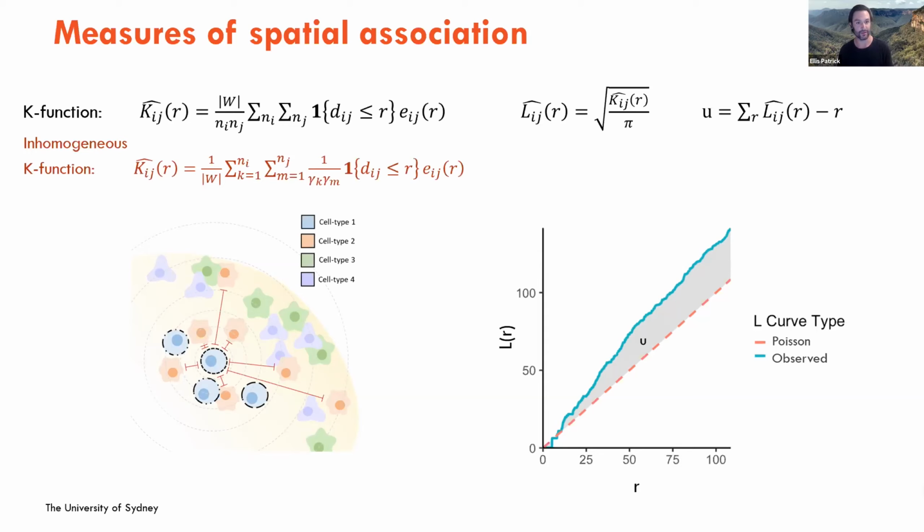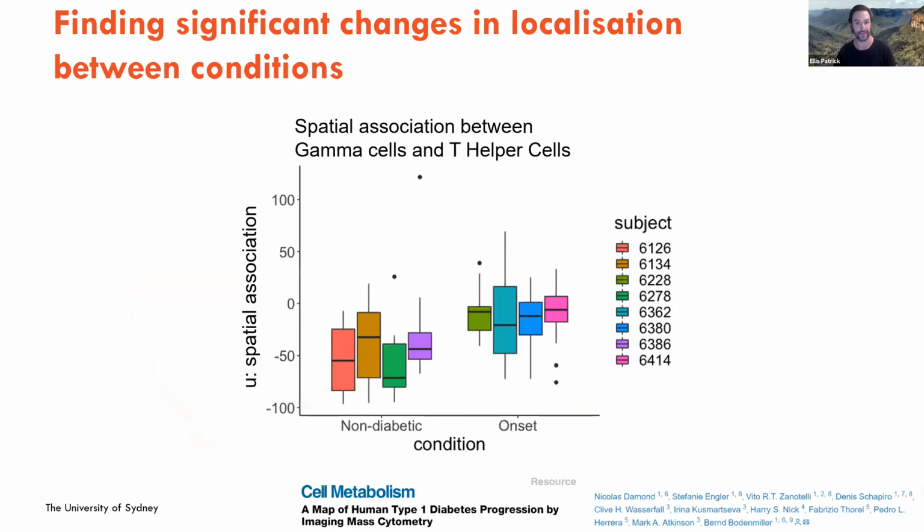The K function also has a nice cousin called the inhomogeneous K function, and we can use this to get around the tissue structure issues that we generally face. If you were to take any particular pair of cell types, here we've got some gamma cells and some T helper cells, and calculate an association statistic, this is the type of information that you might see.